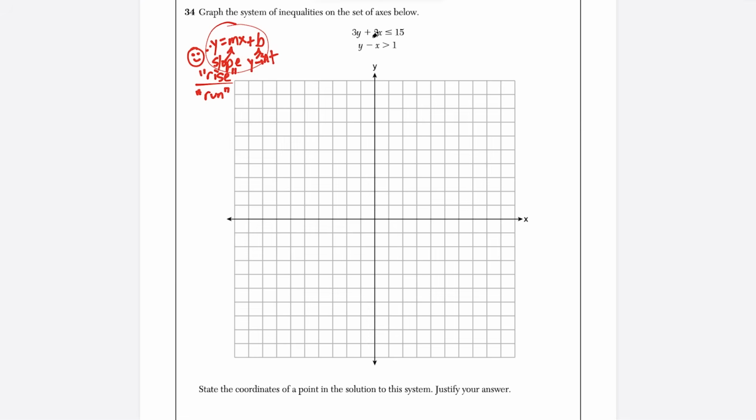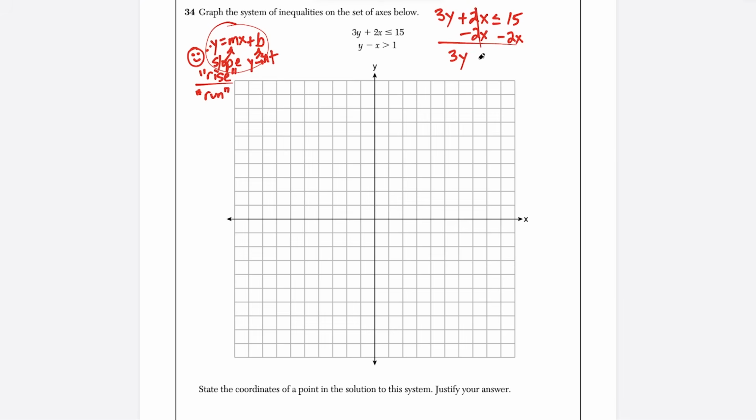So the first one is very much more complicated than the second one. There's more algebra that we have to do here, and we're going to be dealing with fractions. So for this one, if I write it off to the side, we have 3y plus 2x is less than or equal to 15. I'm going to start this by doing minus 2x on both sides. My goal is to get y by itself. I want it in the form of mx plus b. So this part cancels.